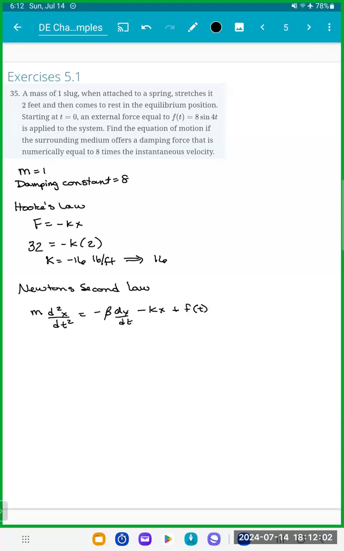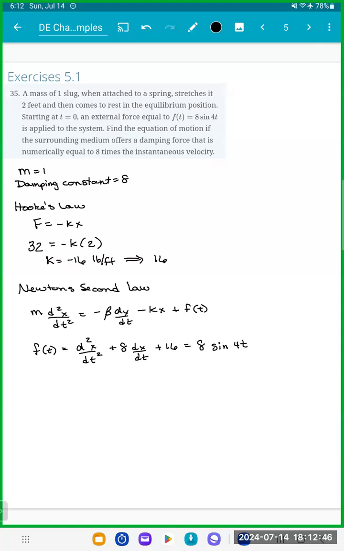Okay, we can rewrite this so that we have our function to the side by itself. So we're really just rearranging so that our function is equal to d2x over dt squared plus 8 dx dt plus 16x, which is equal to our function, 8 sine 4t. Okay.